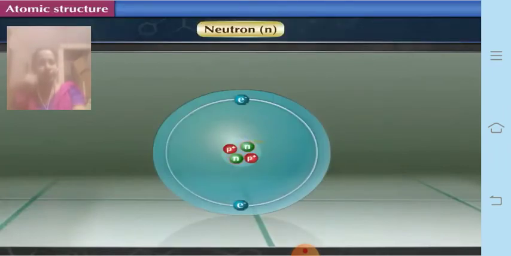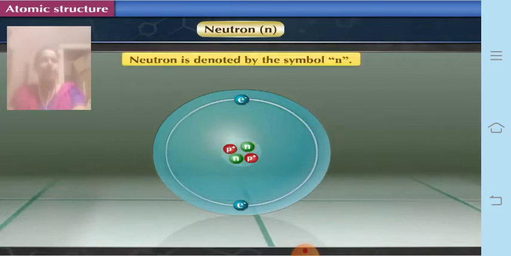Fine. Now let us discuss the next one, that is the neutron. You have learned that the positively charged particle is the proton. Now we will discuss the second nucleon, the neutron. The symbol of neutron is small n. Neutrons are electrically neutral, that means they do not carry any charge.